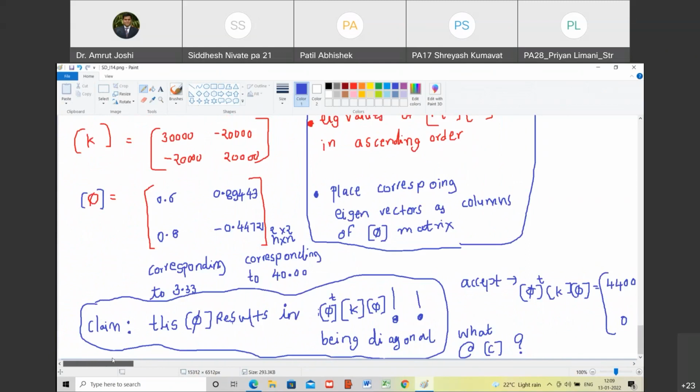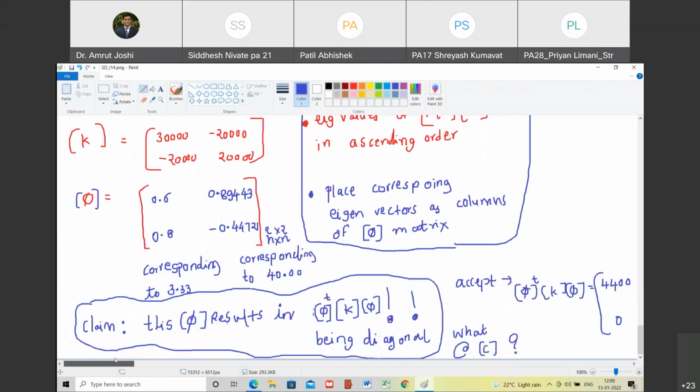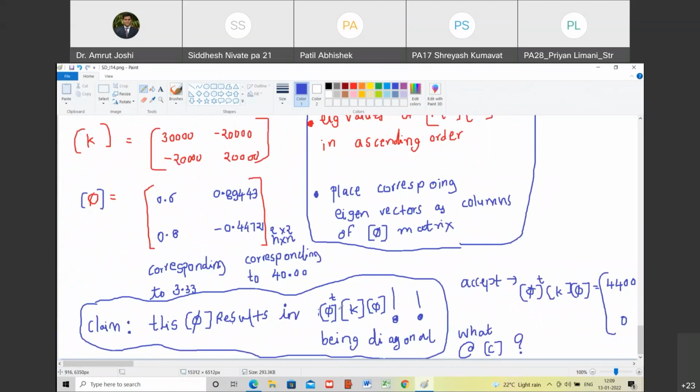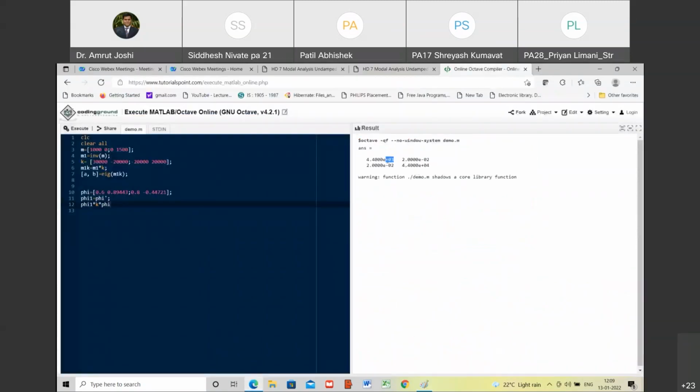Let me check if we have made any error here. Phi transpose k phi should be omega square. Omega is the eigenvalue, 3.3. So, just a minute. Transpose k phi.